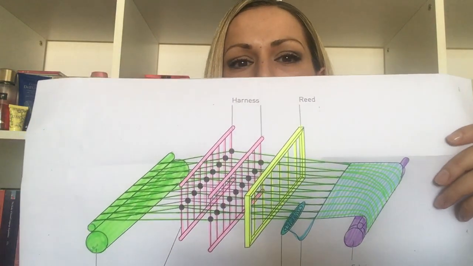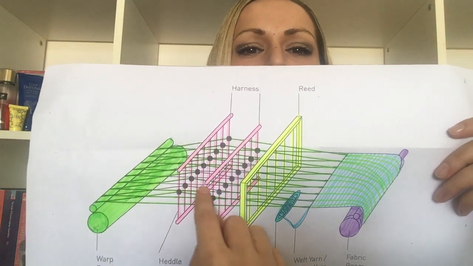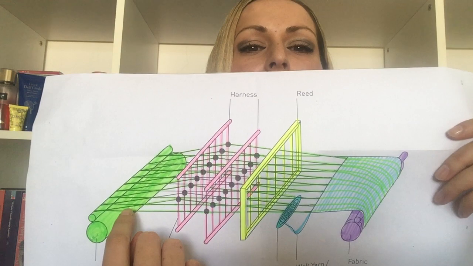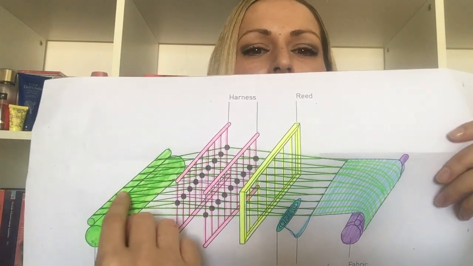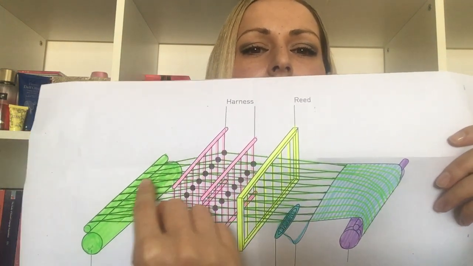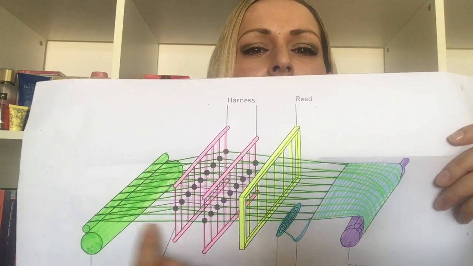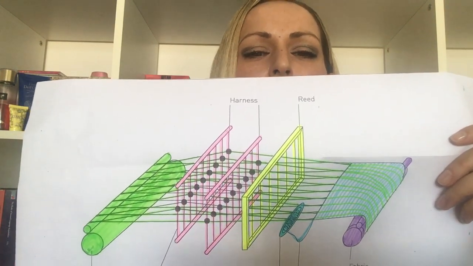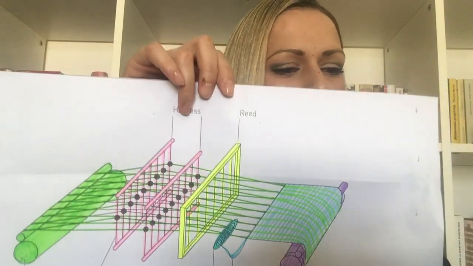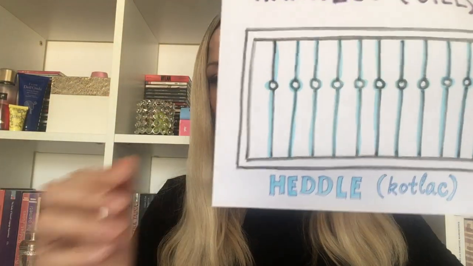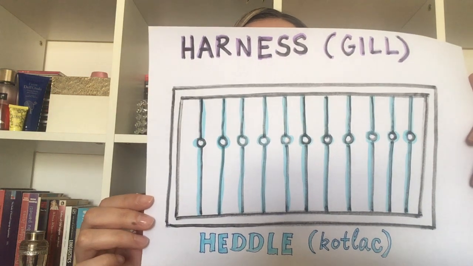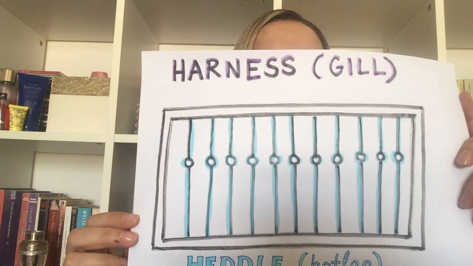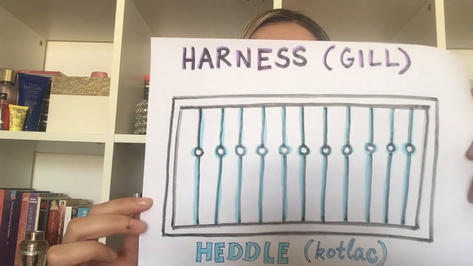Okay, and then we do the process of threading, which is the guiding of the warp threads through the heddles in the harnesses or shafts. Here I have made a drawing of what a harness or a jill looks like.